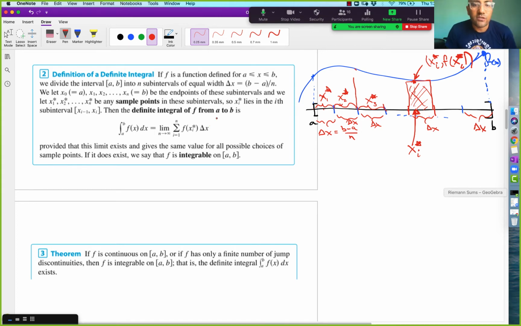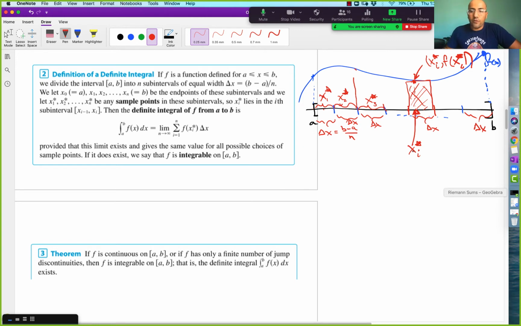If f is a function defined for a less than or equal to x less than or equal to b, we divide the interval from a to b inclusive into n subintervals of equal width, delta x, which is equal to (b minus a) over n, and let x sub naught equal a, x sub 1, x sub 2, and x sub n equal b.